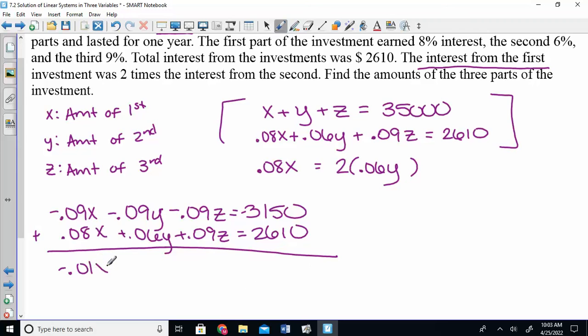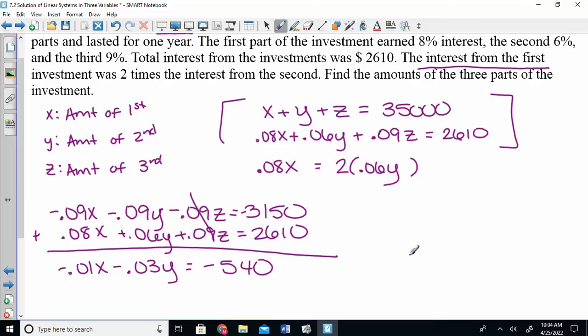If I add those together, we get negative 0.01x minus 0.03y equals negative 540. Okay.